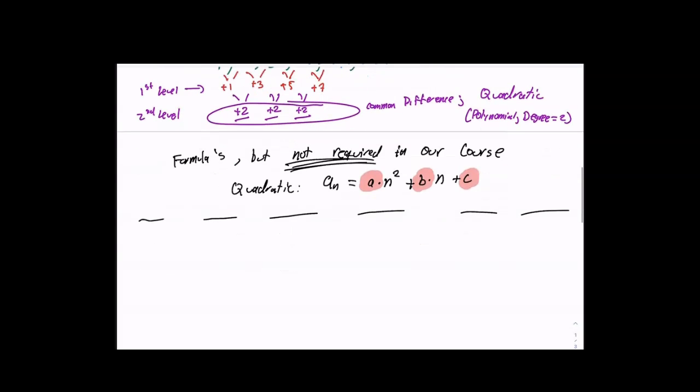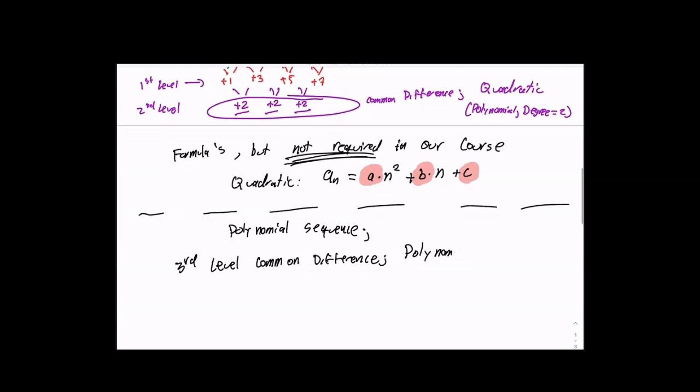So, in a polynomial sequence, if it happens on the third level, we simply call that a polynomial with degree equal to 3, all right?